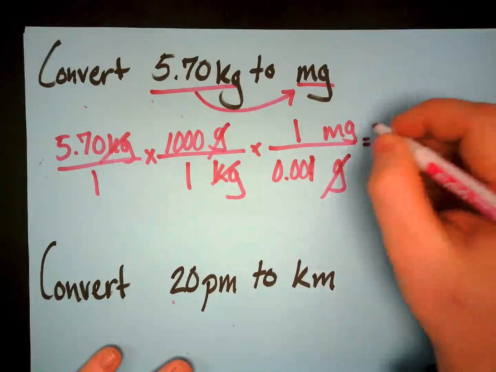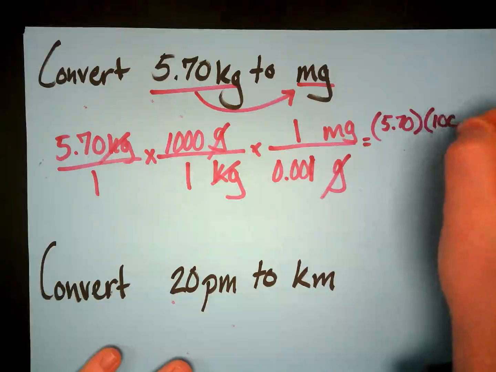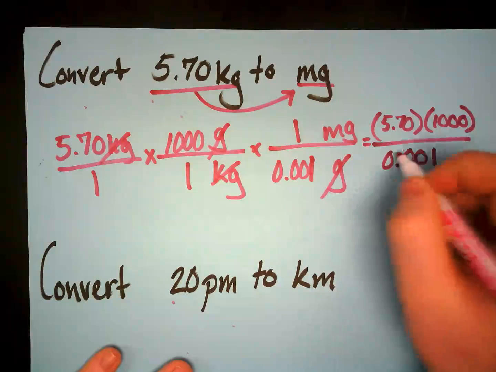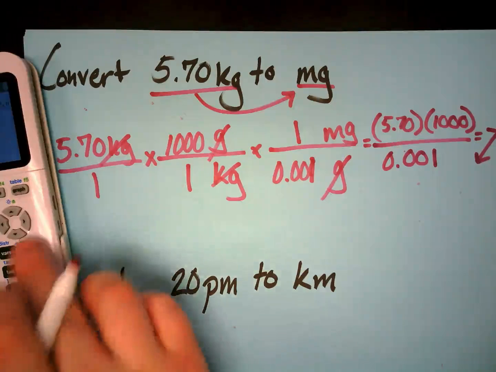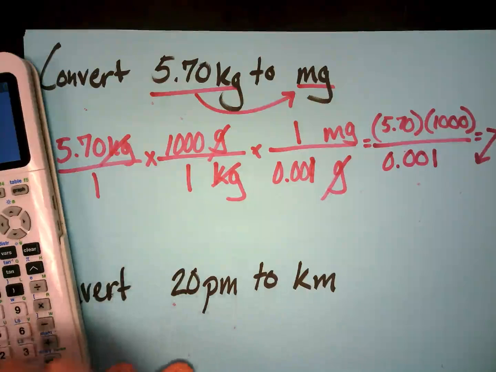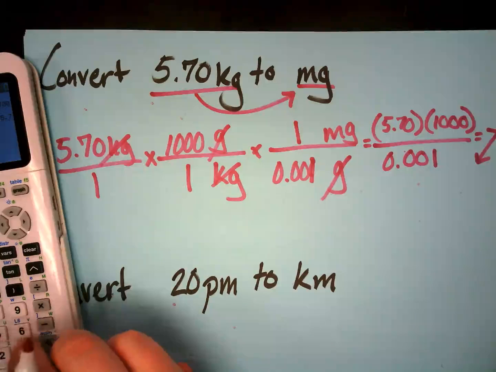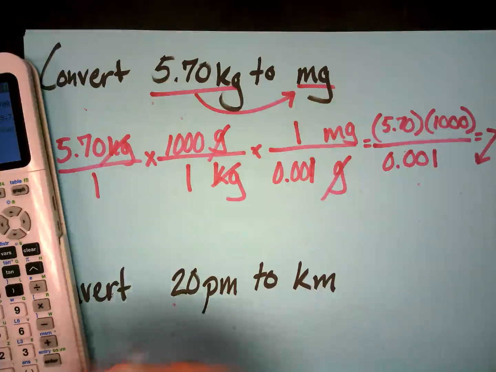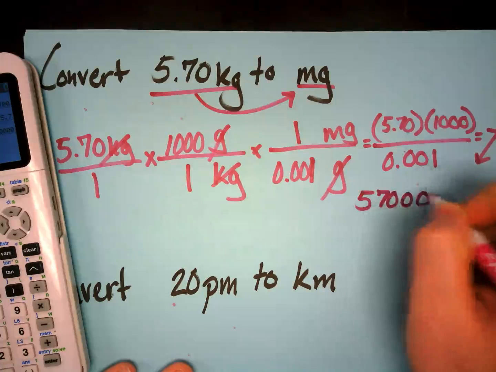So what this ends up being is 5.70 times 1,000 over 0.001 on the bottom, which is going to give us, if we pop this in our calculator, oops, I did the wrong thing there. It's going to give us an answer here of 5, 7, 1, 2, 3, 4, 5.